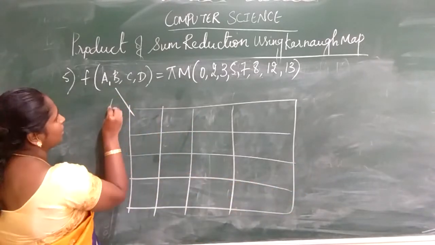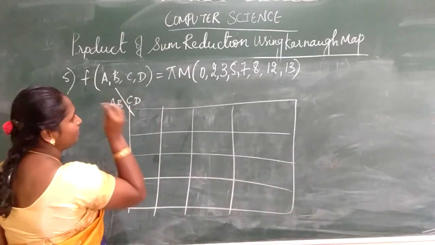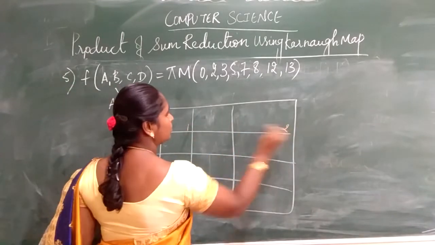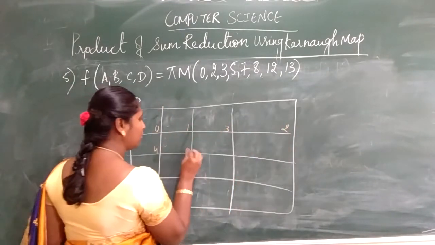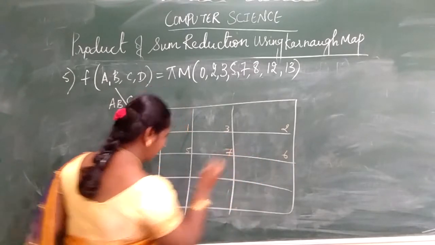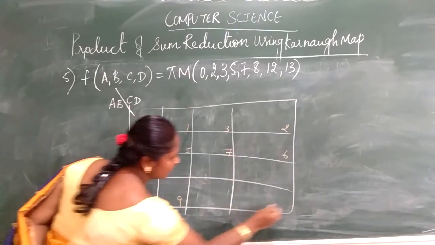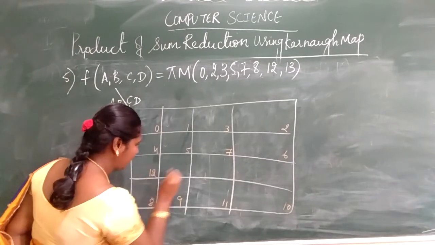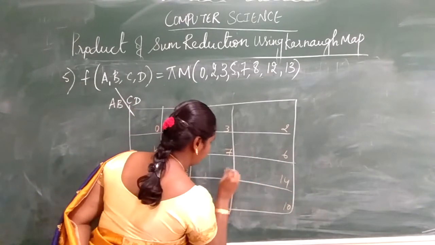Here the inputs are A, B, C, D. First we subscript the squares 0, 1, 2, 3, 4, 5, 6, 7, 8, 9, 10, 11, 12, 13, 14, 15.